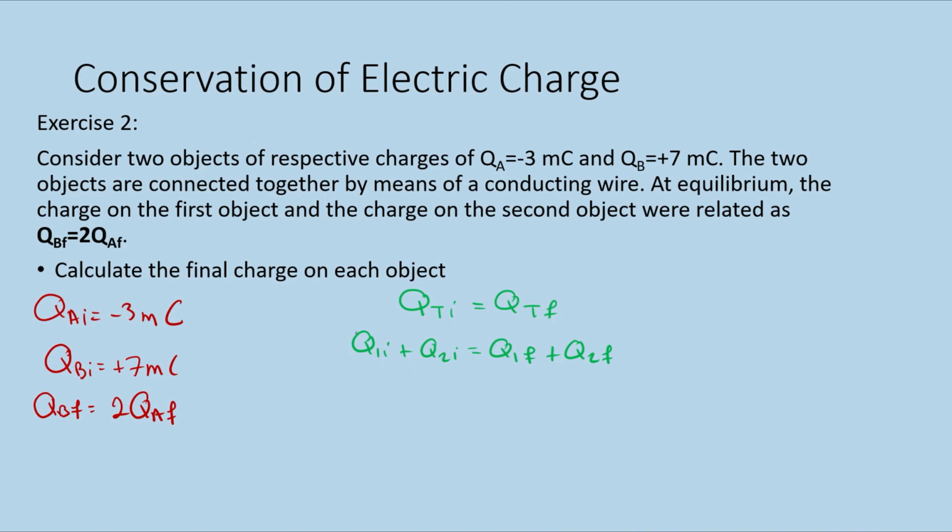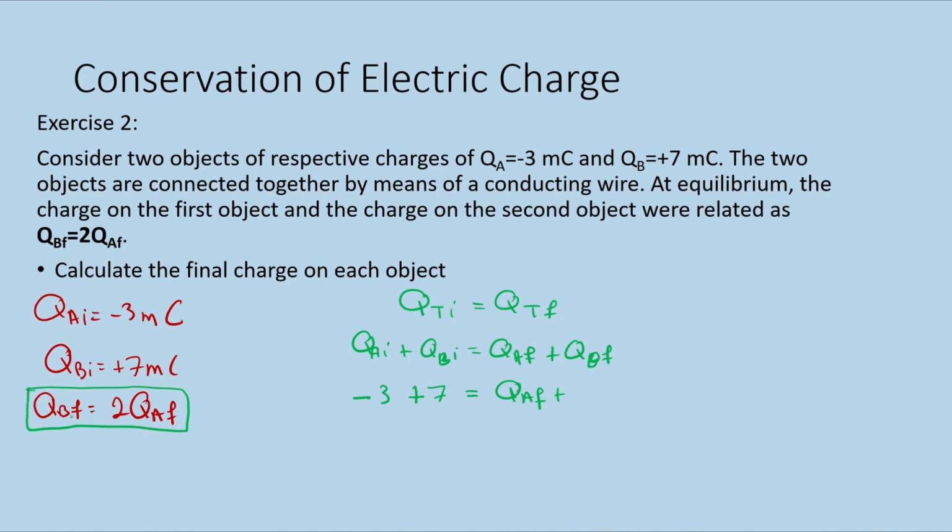Or we have objects A and B, so we make them A, B. So QA initial is given as -3. QB initial is +7. QA final is an unknown. And plus we have QB final. QB final is given by this relation. QB final is equal to 2QA final.